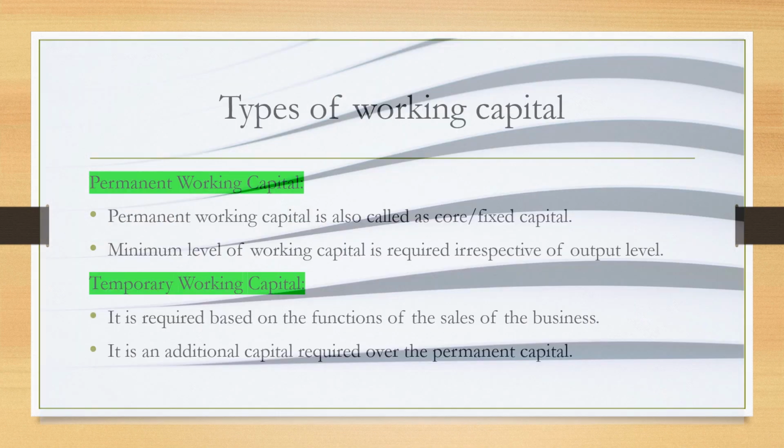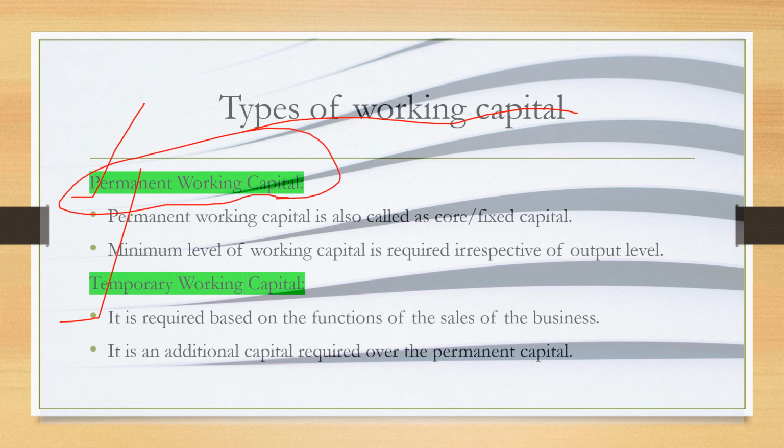Next, we'll see the types of working capital. One is permanent working capital, another is temporary working capital. A minimum level of working capital is maintained in a business in this permanent working capital concept. It is also called core capital or fixed capital. Just now I told you that a minimum level of working capital is required irrespective of output level.